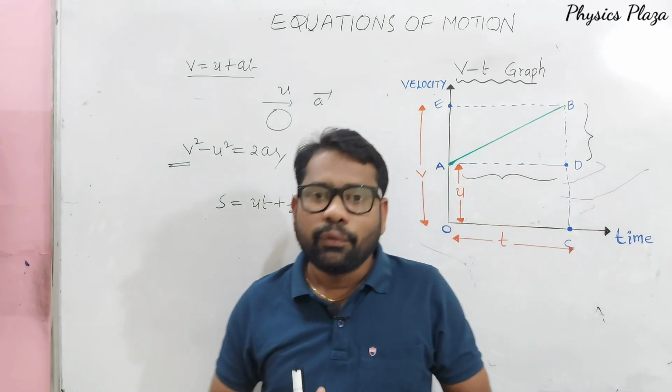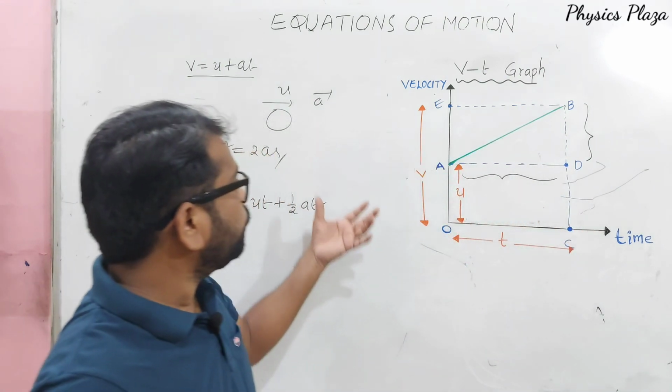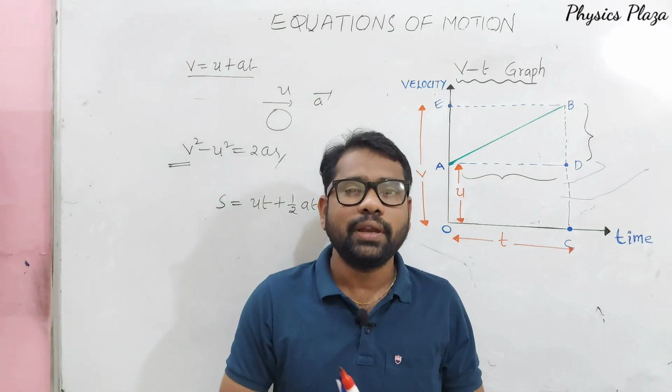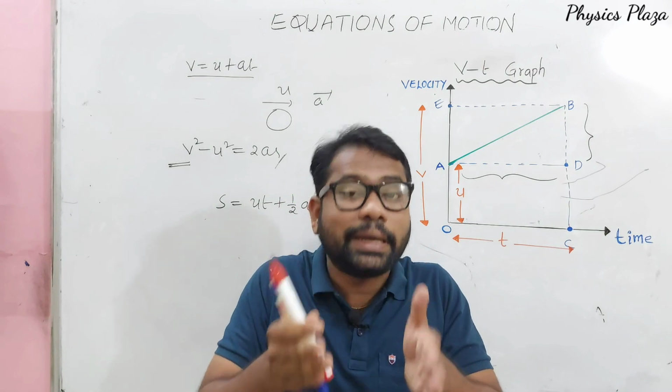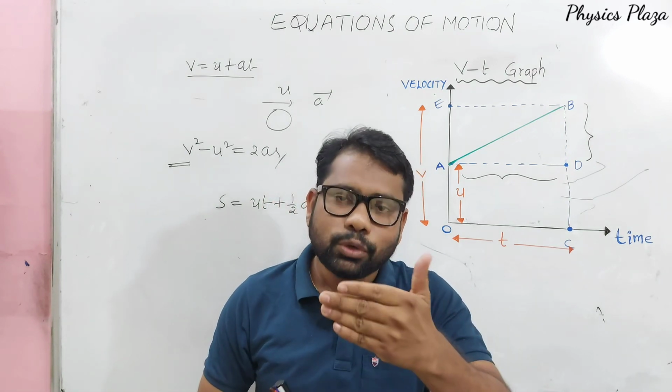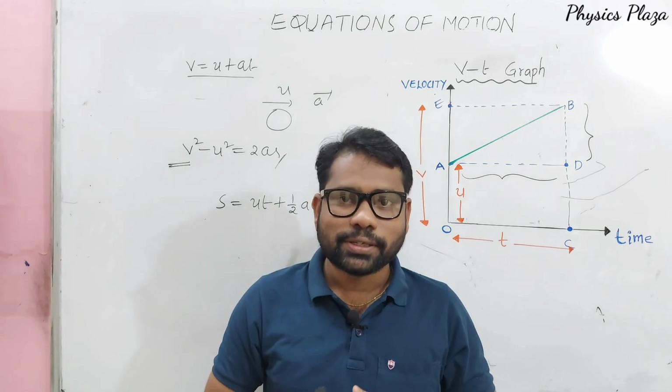So this is very important. Of course, it is not that whatever I said is the only correct way. It depends on the data which is given. We can modify the equations of motion and solve the given numericals.